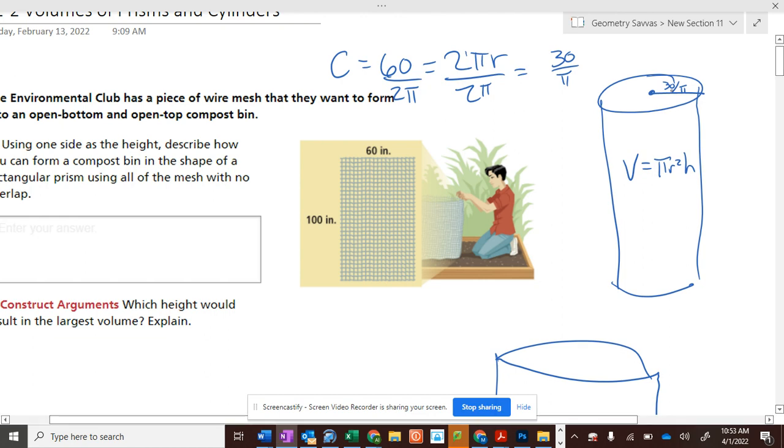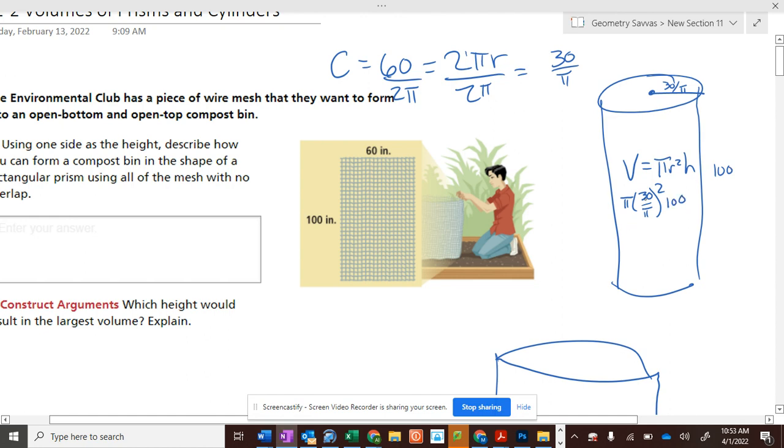So 30 over pi is the radius. So it's pi times 30 over pi squared, radius squared, times the height. Well, what's the height in this situation? 100.